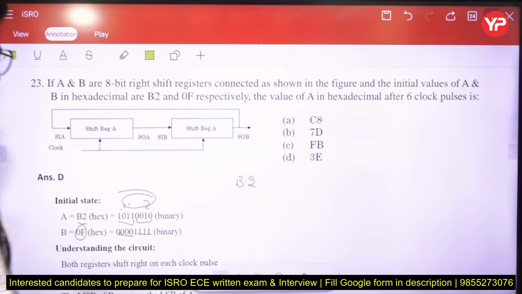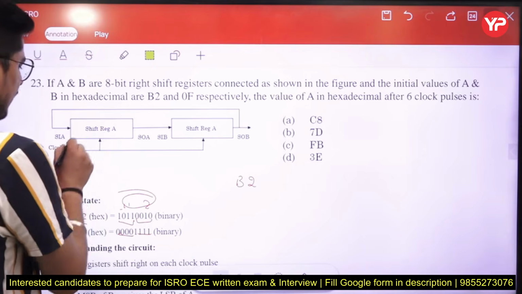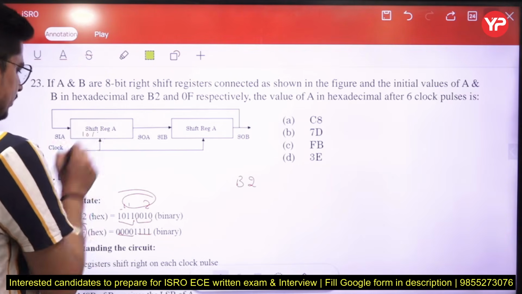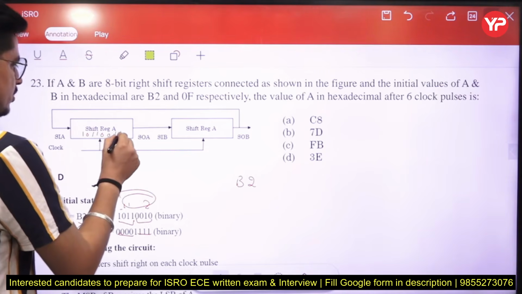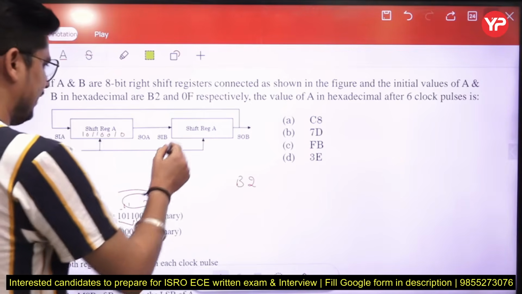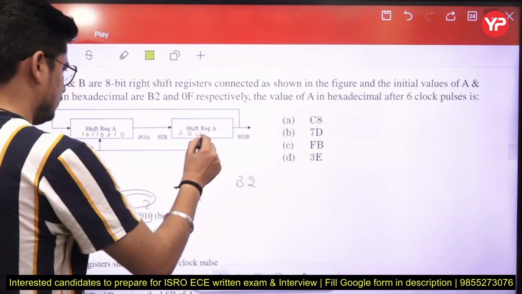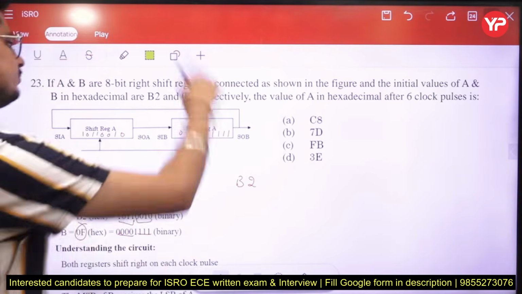Initially, register A has the value 1, 0, 1, 1, 0, 0, 1, 0, and the next register will have the value 0, 0, 0, 0, 1, 1, 1, 1.